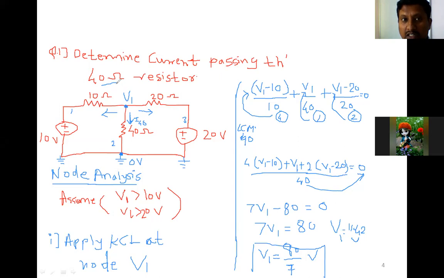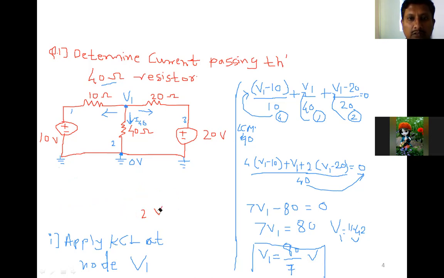For that purpose, what we need is the V1 voltage, because V1 minus 0 divided by 40 gives I40. So we need to find out V1, and that value we got here, that is 80 by 7 or 11.42. You can take either. Now I will find out the answer for the current passing through this 40.